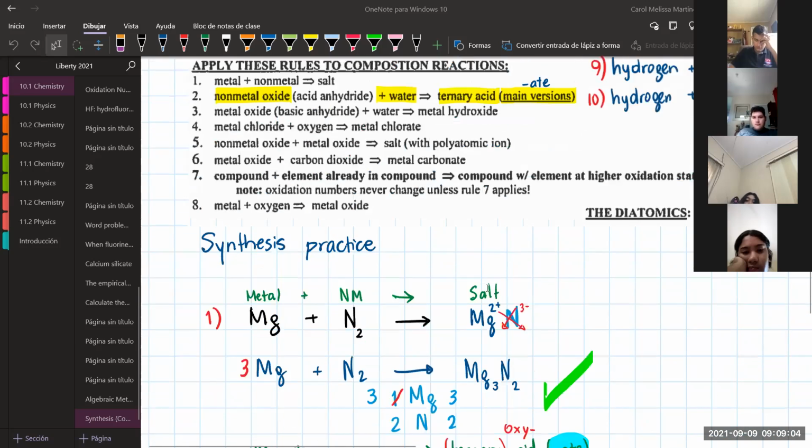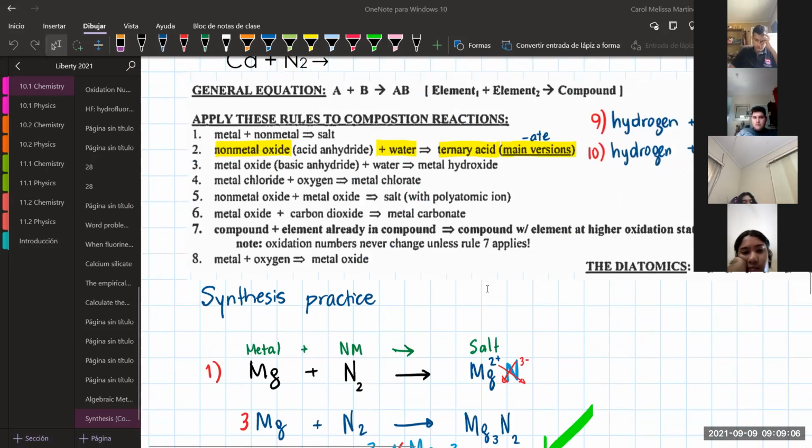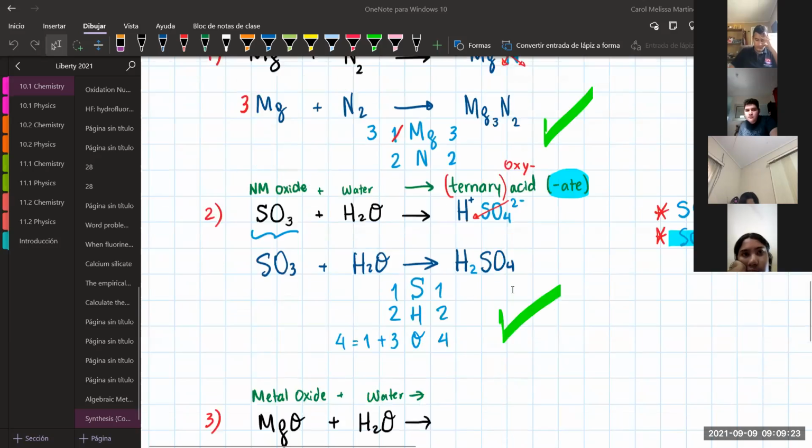What rule do I need to follow for exercise number 3? The third rule says metal oxide plus water produces metal hydroxide.